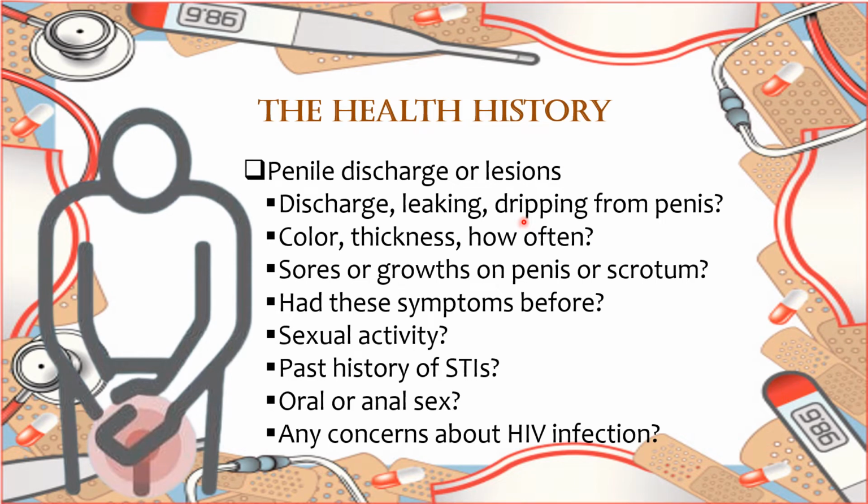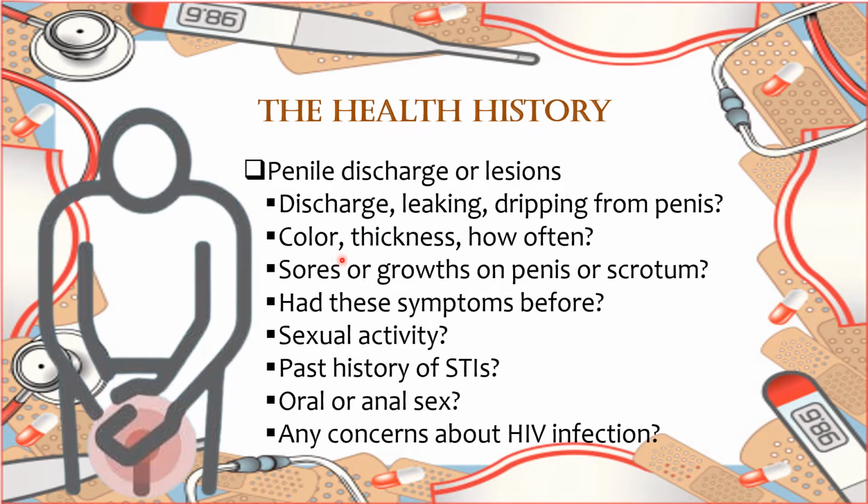For penile discharge or lesions, you can assess for the possibility of genital infection from sexually transmitted infections. You can ask your patient, have you had any discharge, leaking, or dripping from the penis?